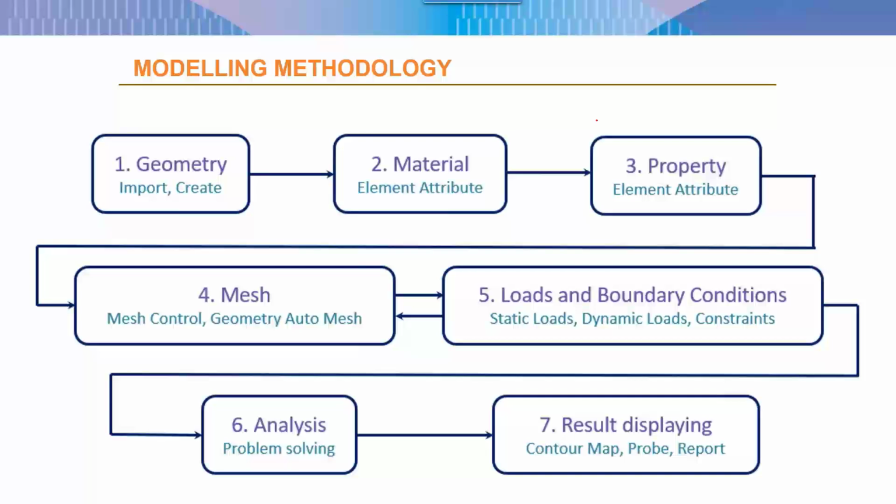Then we have the loading and boundary conditions where we apply either the static loads or the dynamic loads or any boundary conditions like your constraints or pinned supports or seepage boundary conditions. Then we do the analysis and finally the result.